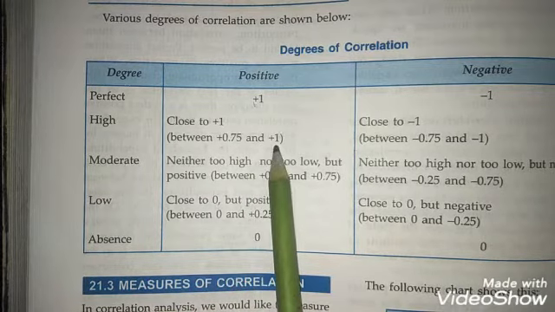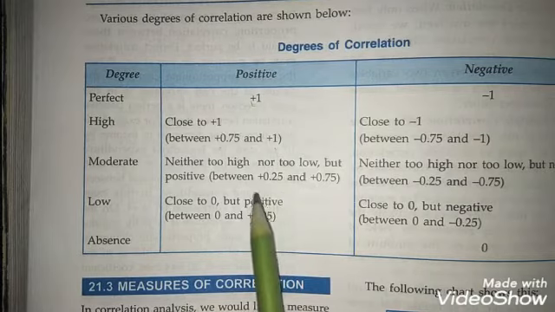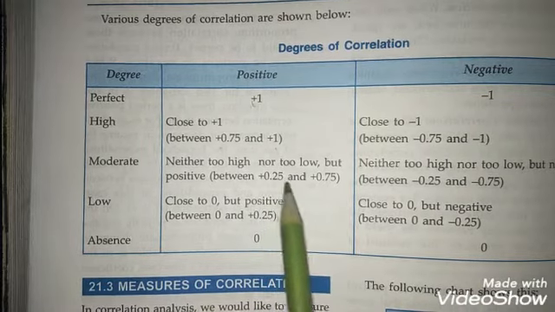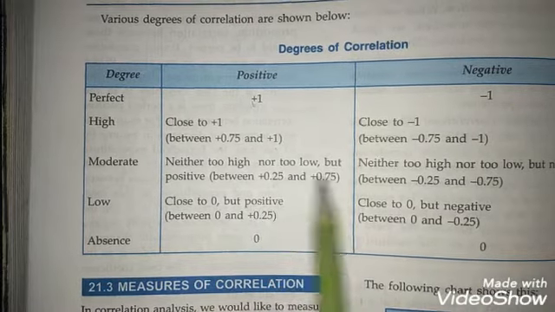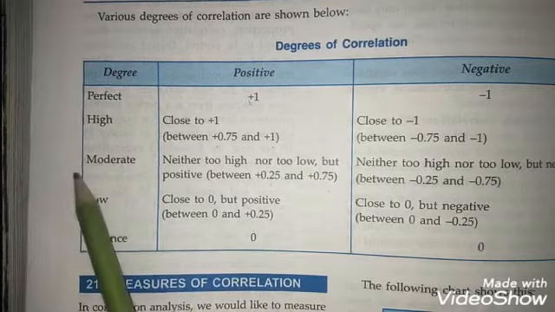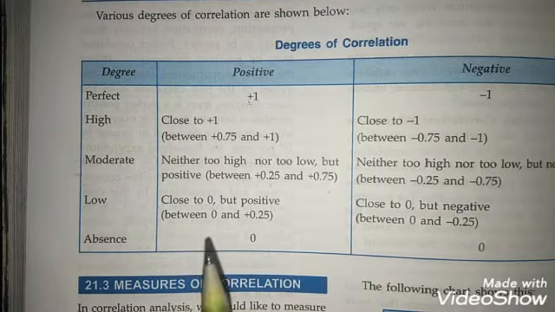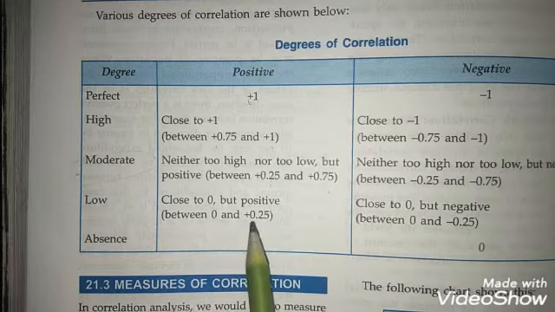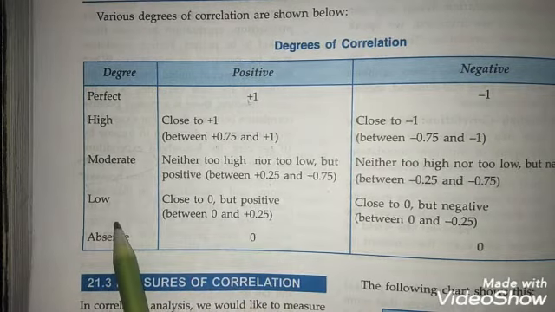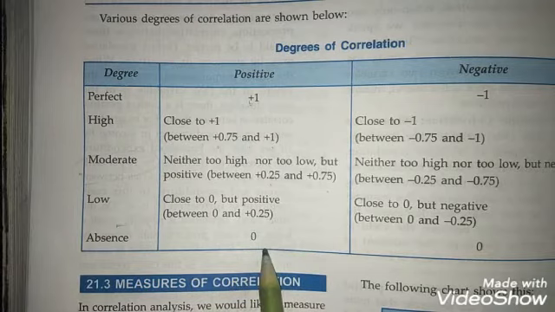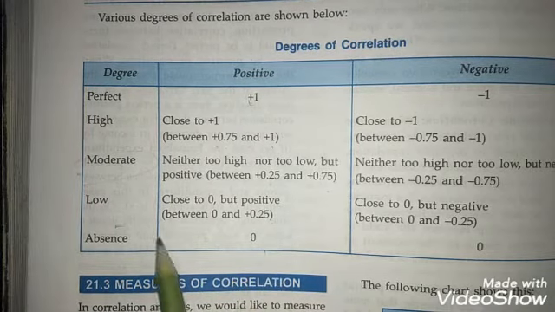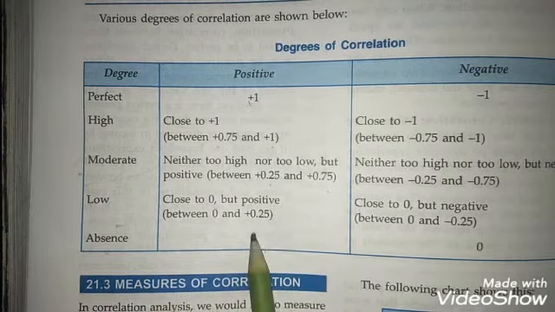If our value of correlation is between positive 0.25 and positive 0.75, it is said to be a moderate degree of correlation. And if it is between 0 and positive 0.25, then it is low. But if it is 0, that means there is absence of correlation, or there is no correlation.